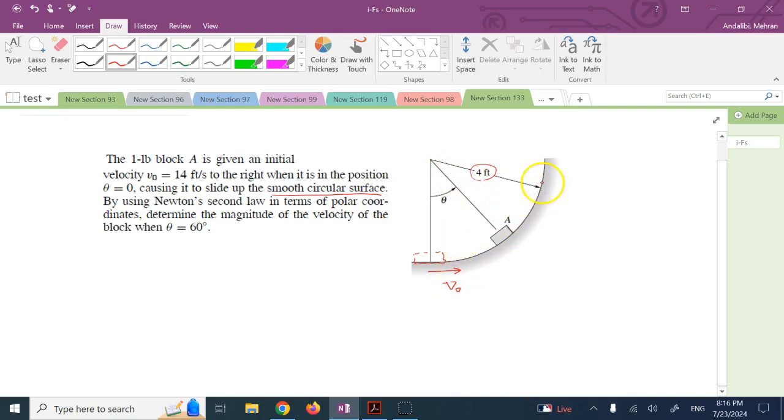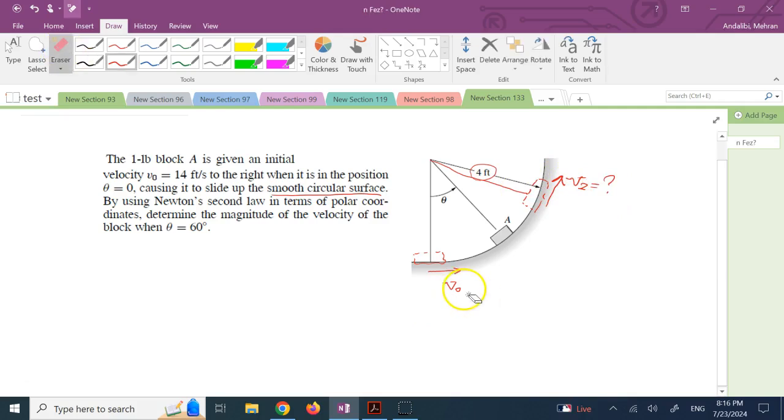The question is asking, when it reaches a 60-degree angle, maybe somewhere here, then you want to find what? So this angle is 60 degrees. Then you want to find the velocity of the particle. So this is V2 that you don't know.